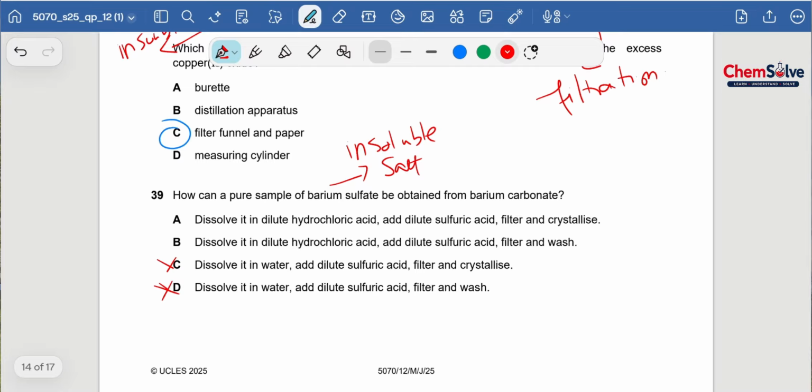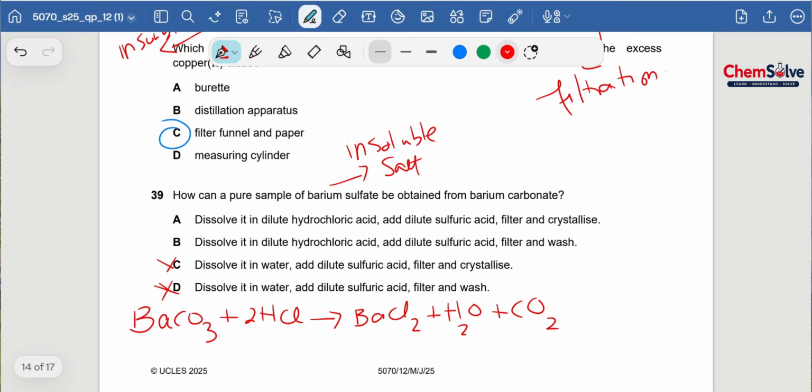First, barium carbonate is reacting with HCl. So I will write barium carbonate with HCl, and it will produce BaCl2 plus H2O plus CO2.